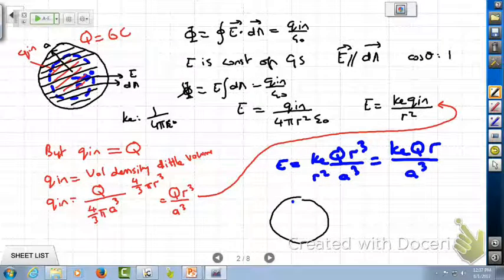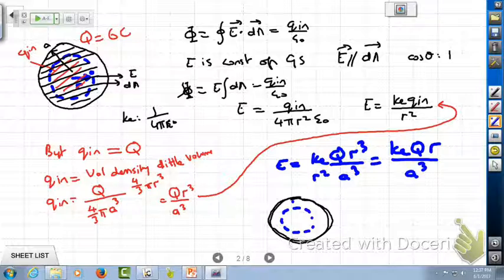So I'm like in the middle of the earth gravitationally. This is a shell of charge, and my point of interest is inside. So can you see how much charge is inside that Gaussian surface? What's my Q in? Zero, isn't it?